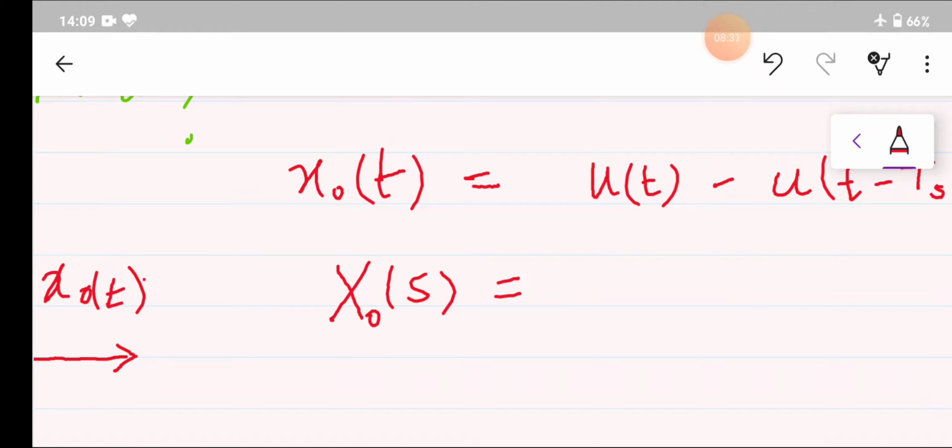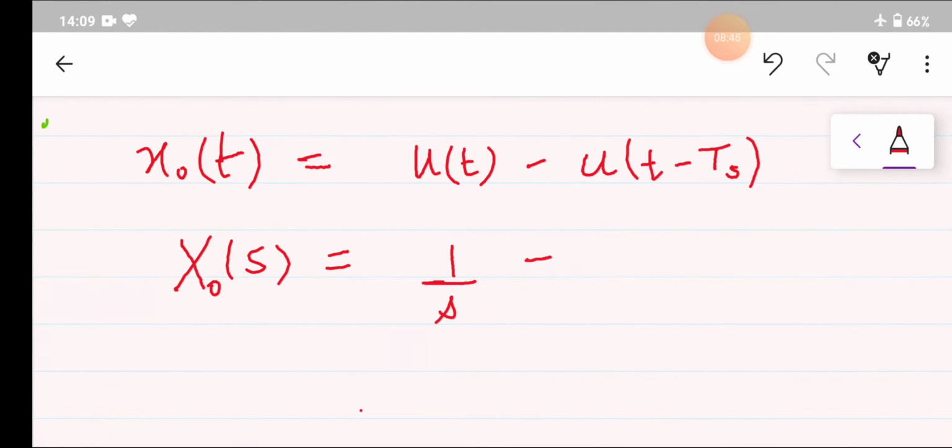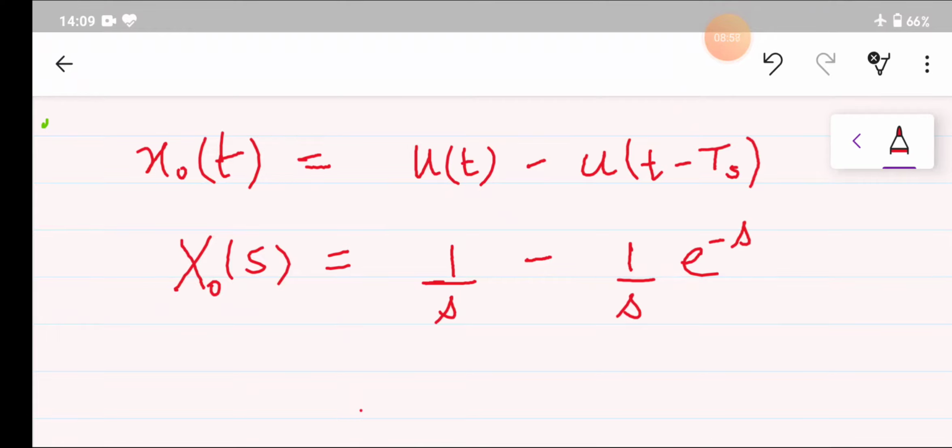So x naught s is equal to ut, the Laplace transform is 1 by s, minus ut minus ts, that is having a Laplace transform equal to 1 by s e to the power minus s ts.